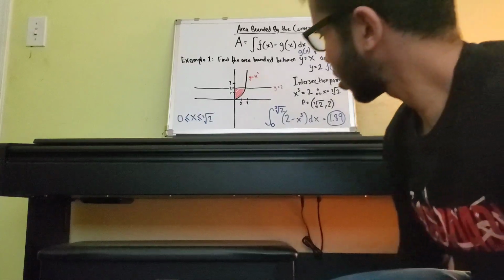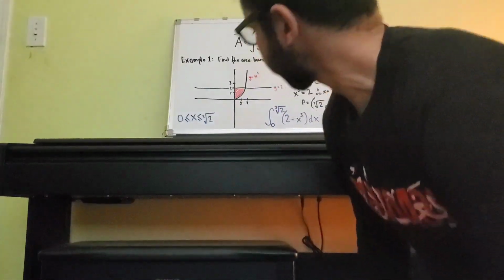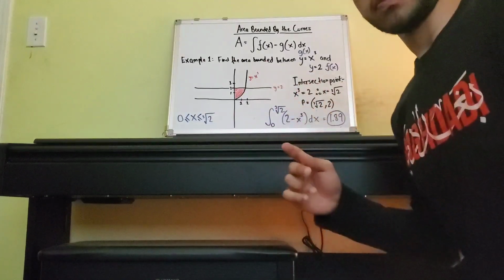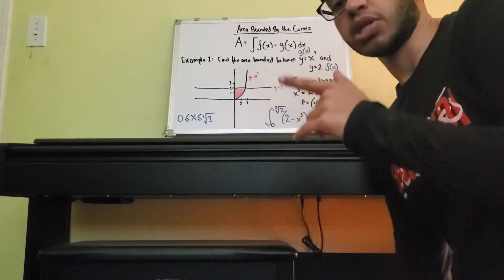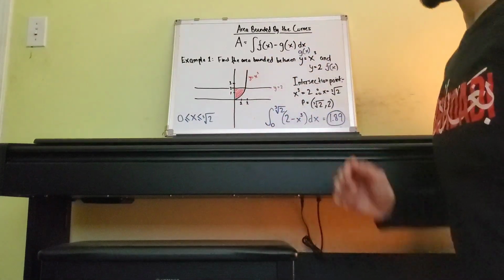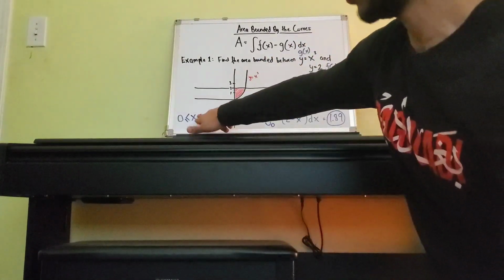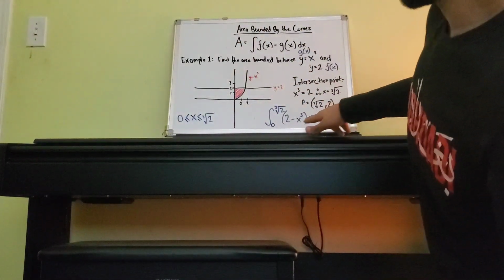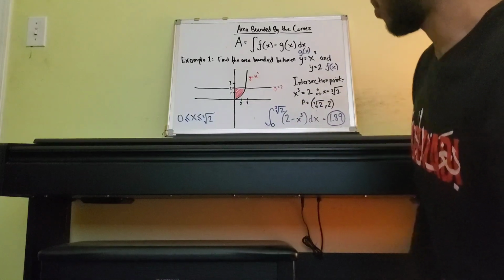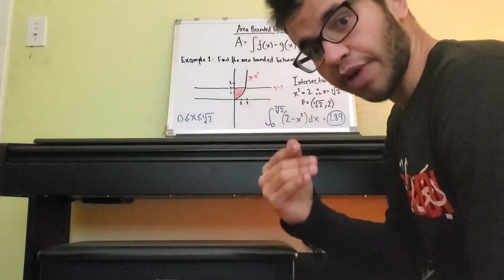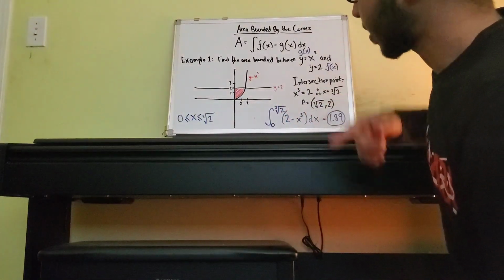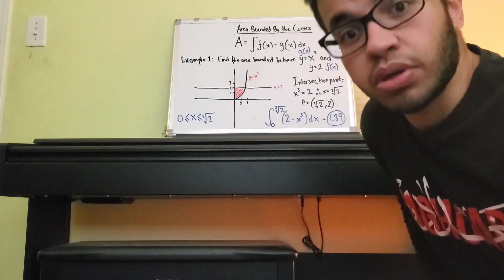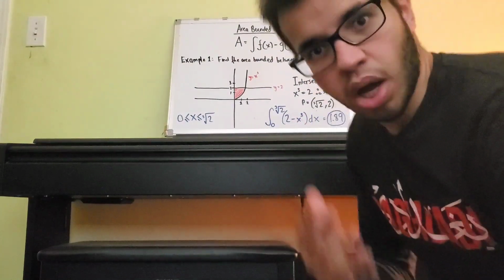And what you have here is now this equation, the integral for x between 0 and cube root 2, see here, the interval notation, of 2 minus x cubed, remember it was f of x minus g of x, dx.